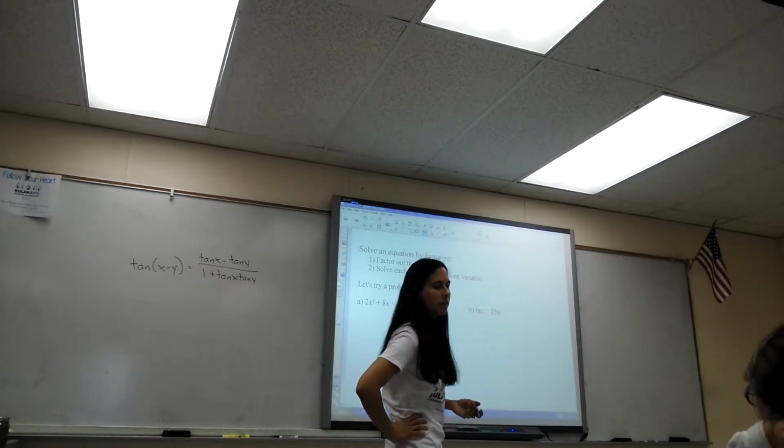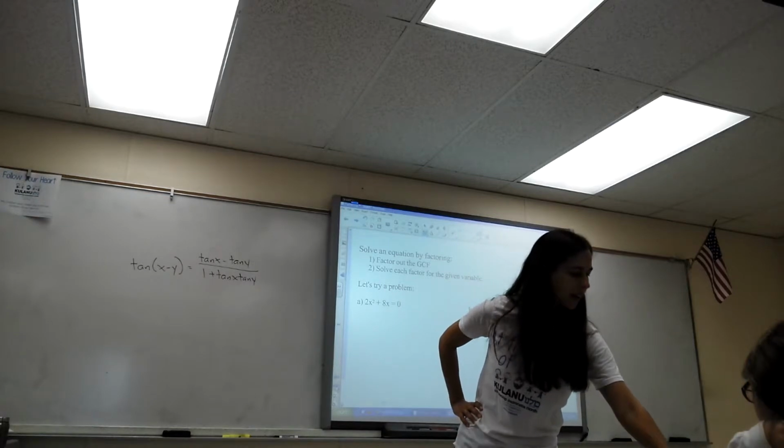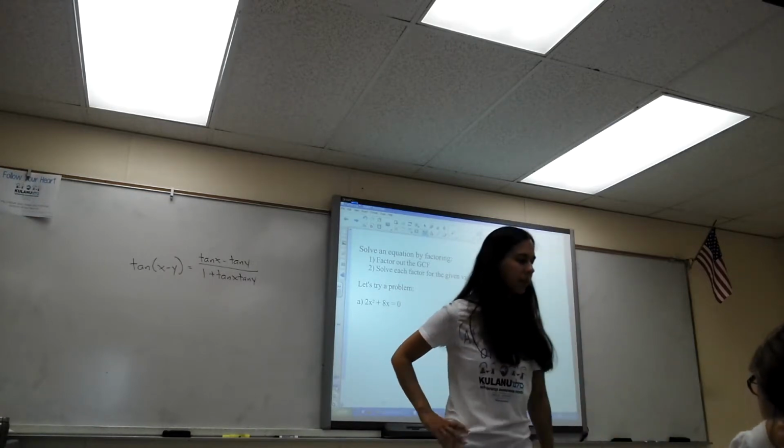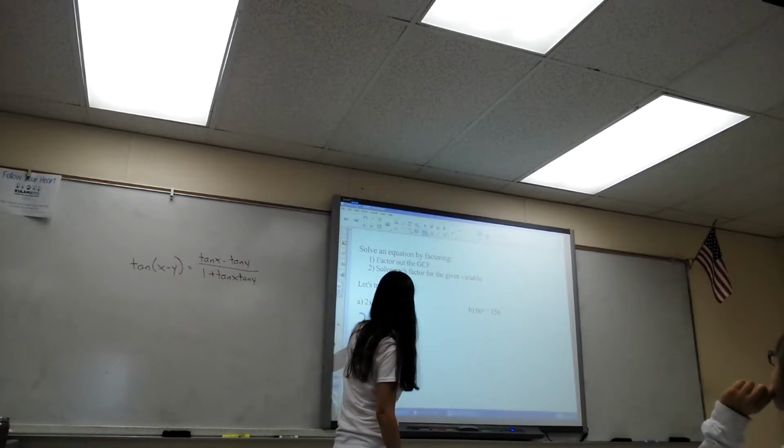Two and what? There you go. So that still has, oh, perfect, now it's right. Okay. So when you take out your 2x, you have x plus 4 equals 0.